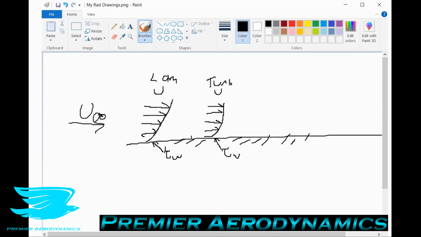We all know that. And when it first forms, it's probably going to be laminar, and the laminar velocity profile, so in other words, how the speed of the boundary layer changes when you move away from the wall, will look like something on the left. So this laminar part here.